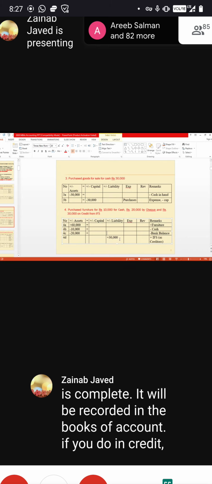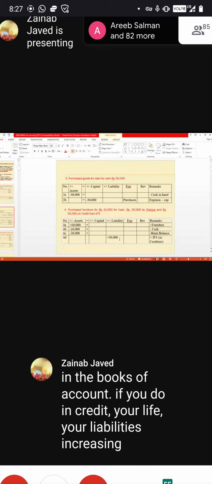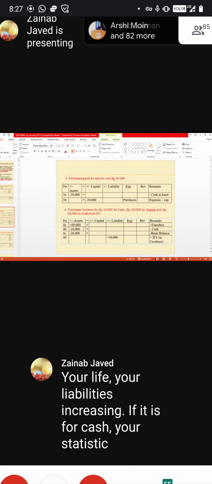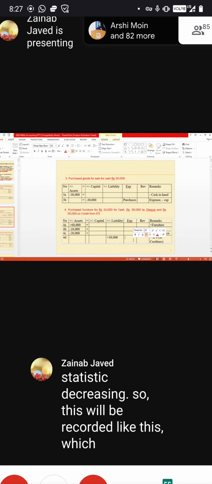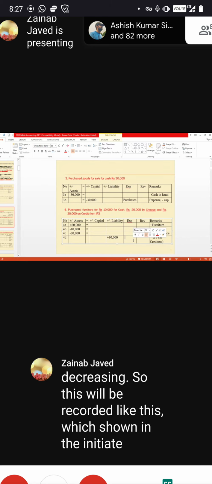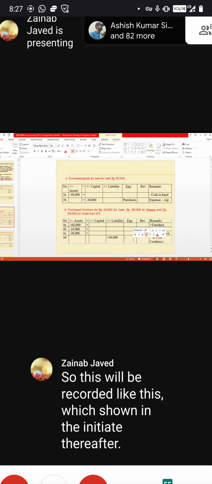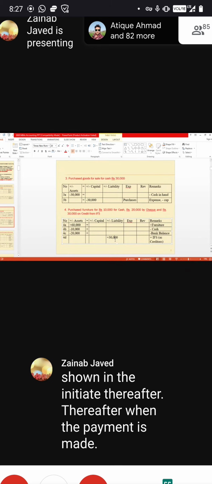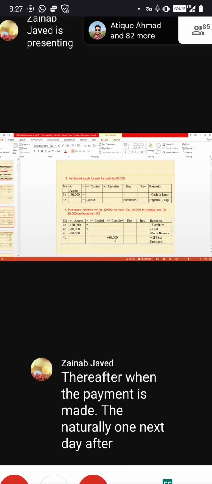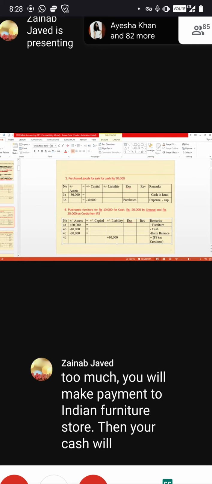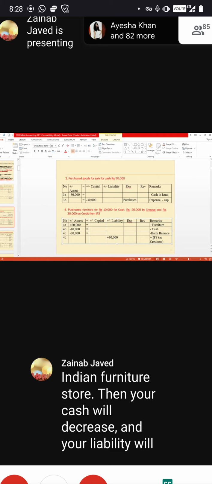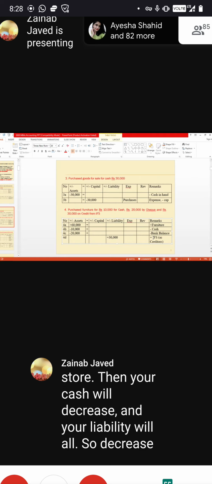If it is on credit, your liability is increasing. If it is for cash, your asset is decreasing. So this will be recorded like this, which is shown in the sheet. Thereafter, when the payment is made, naturally on the next day, after 1 month or 2 months, you will make payment to Indian Furniture Store. Then your cash will decrease and your liability will also decrease. So this is how you do it.